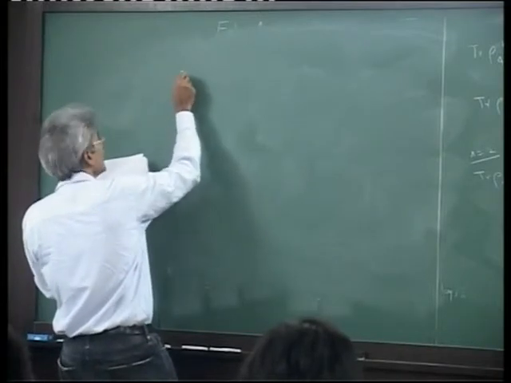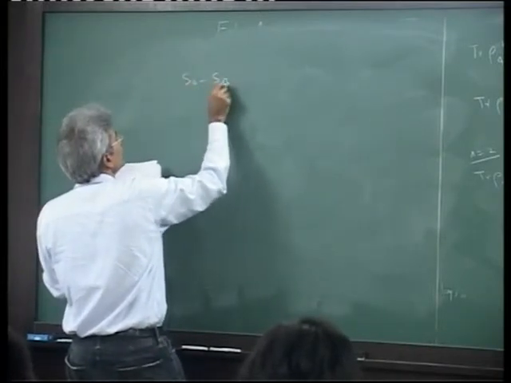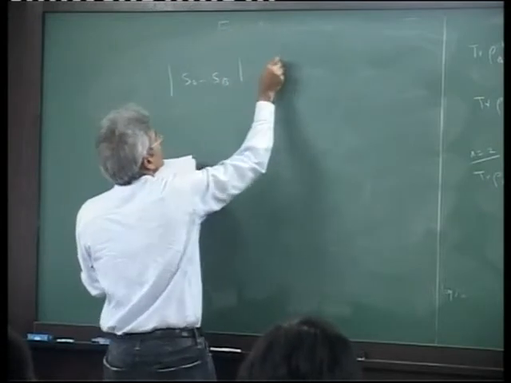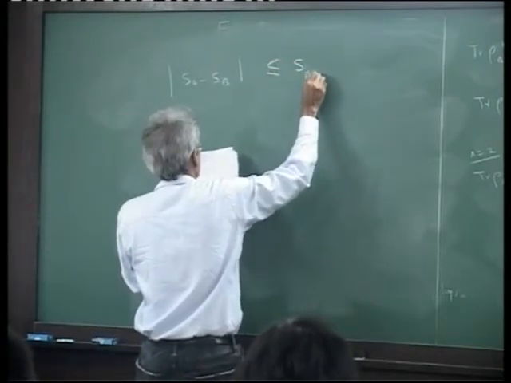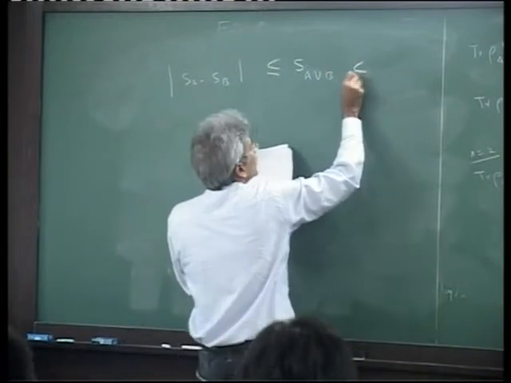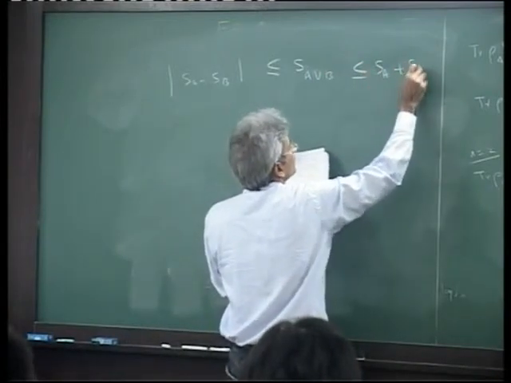So you can actually prove that SA minus SB is less than or equal to S of A union B, which is less than or equal to SA plus SB.